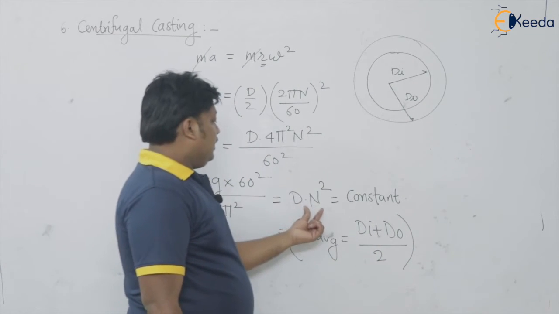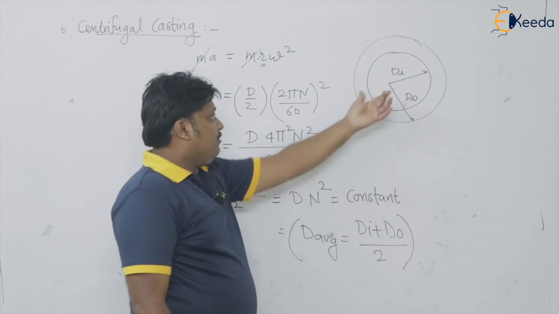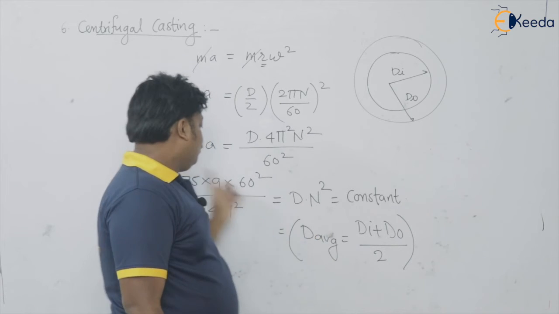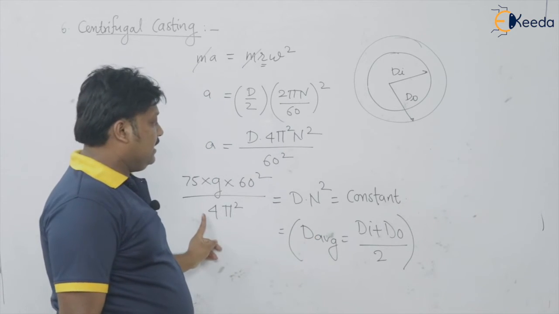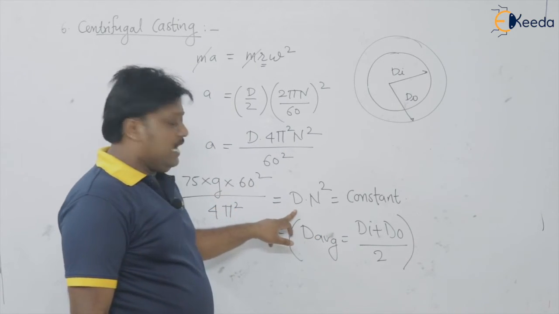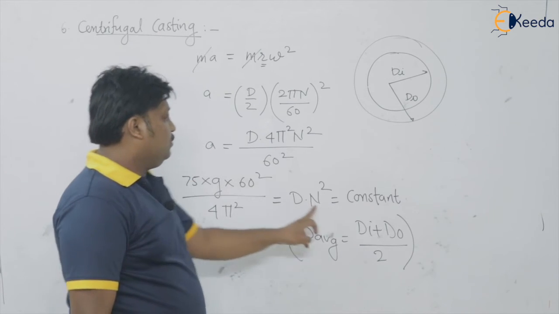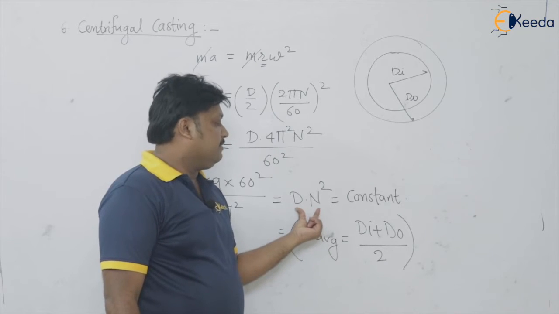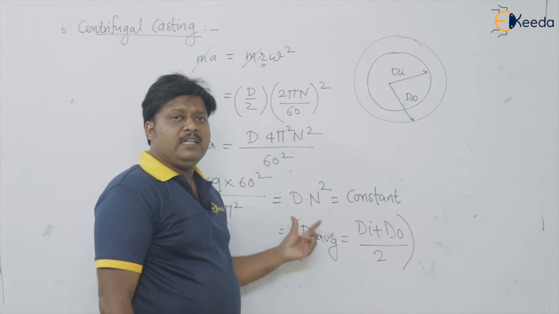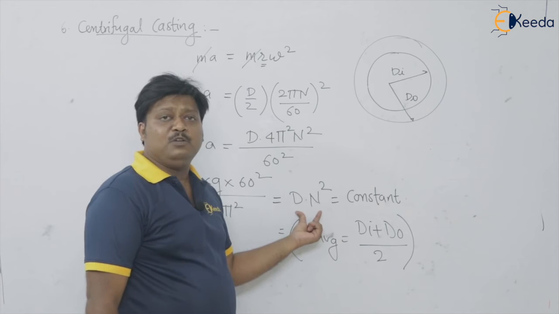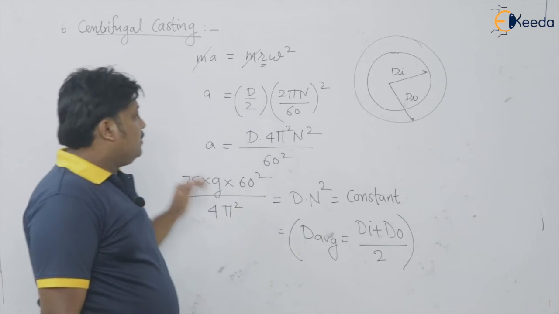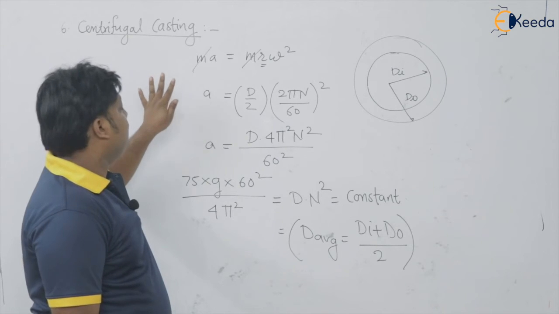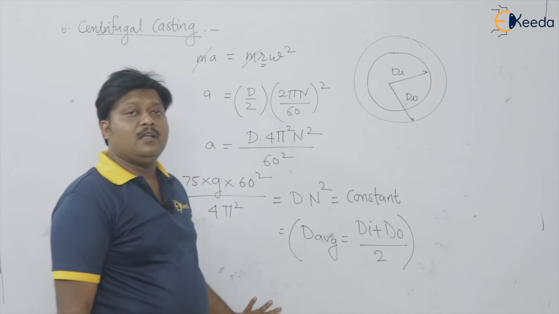So if I have given the diameter and I ask you to find out the RPM of the mold, you take this constant value, divide by this diameter and take the root, and you will get the revolutions of the mold. In this way we can calculate any of the asked values, isn't it? So please remember, this is for the centrifugal casting process.